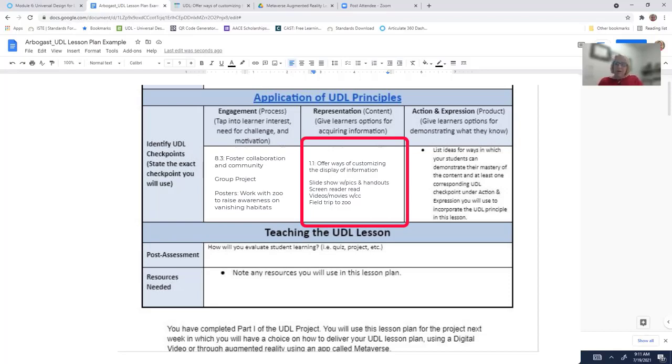So it would be a narrated screen show or slideshow, and that way they can control the speed, the size. I can also have the text in transcripts for the slideshow. How about videos or movies with closed captions?